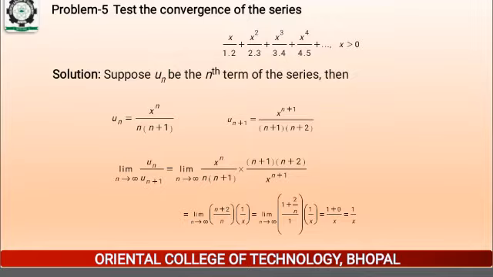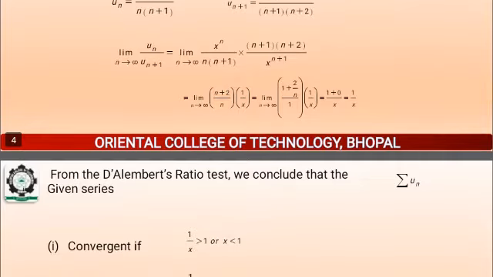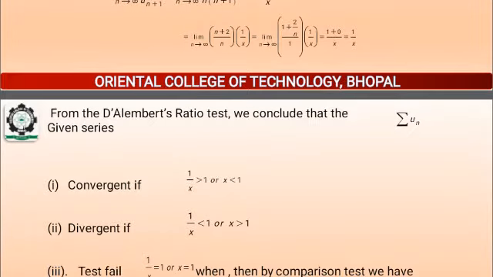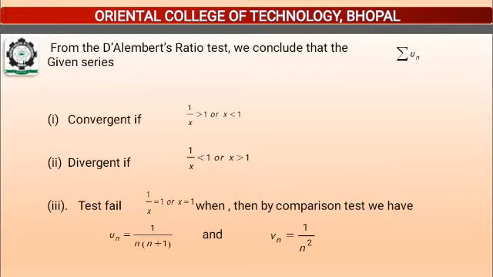When n tends to infinity, this becomes 1 by x. From D'Alembert's test, we conclude that the series summation un is convergent if 1 upon x is greater than 1, that is x is less than 1, divergent if 1 upon x is less than 1, that is x is greater than 1, and the test fails when 1 upon x equals 1, or x equals 1.